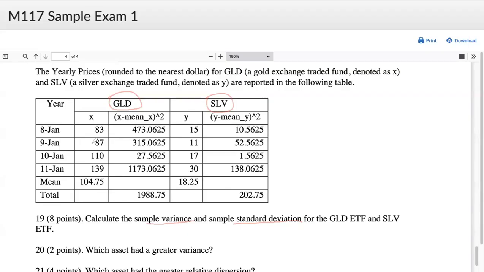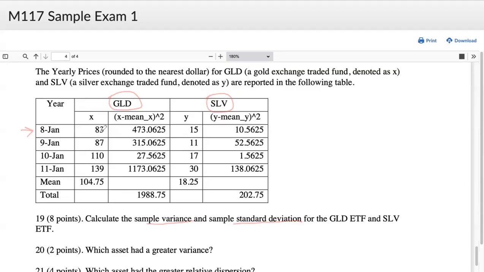Vertically it is time series data. Horizontally it is cross-sectional. If I can only talk about this one, cross-sectional, I have X, I have a gold ETF price, I have a silver price. So this is cross-sectional. But vertically, this X data is time series.